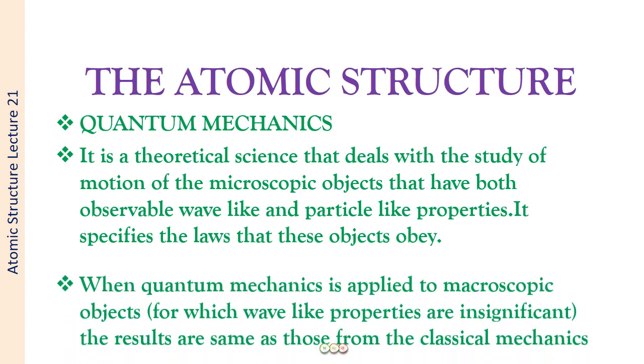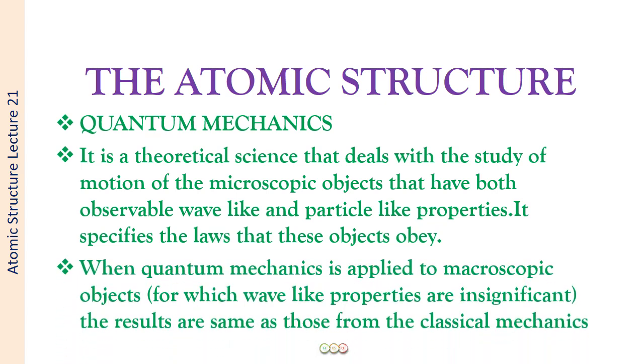So when quantum mechanics is applied to macroscopic objects, the results are going to be the same as we get from classical mechanics, because for the macroscopic objects the wave-like properties are insignificant. We have studied all this while we were discussing the de Broglie equation also. For the macroscopic objects, the wave-like properties are insignificant, and hence we can apply quantum mechanics to these also.